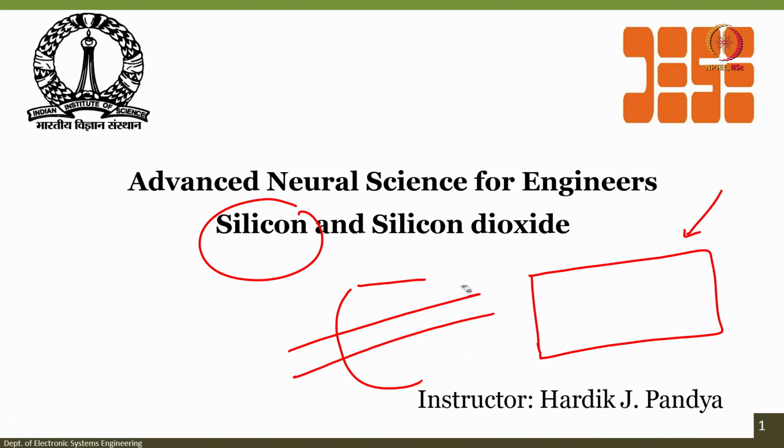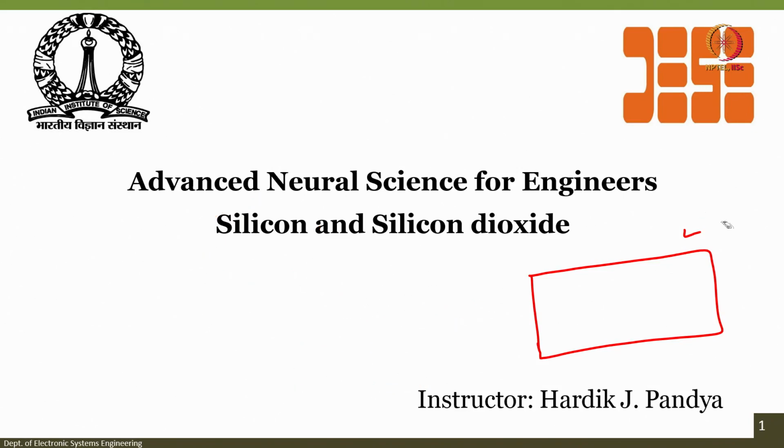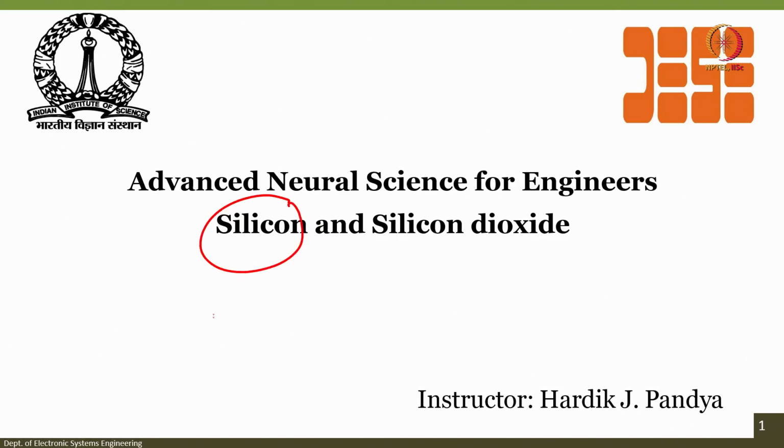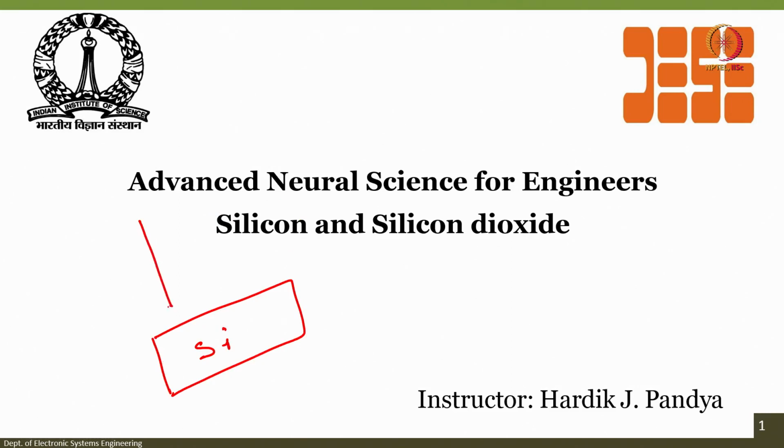Anyways, the point is silicon is a substrate. Silicon is a semiconductor material and it can be used as a substrate. What is a substrate? Anything over which we are going to fabricate our device is a substrate. Silicon can be a substrate which is semiconductor, you can have metal substrates, you can have silicon dioxide.